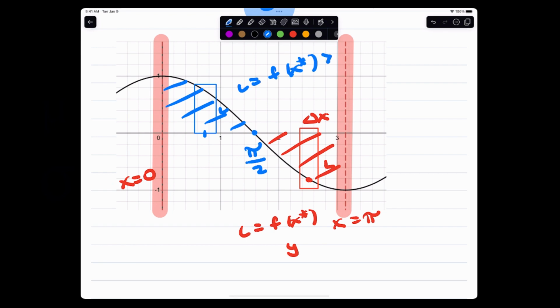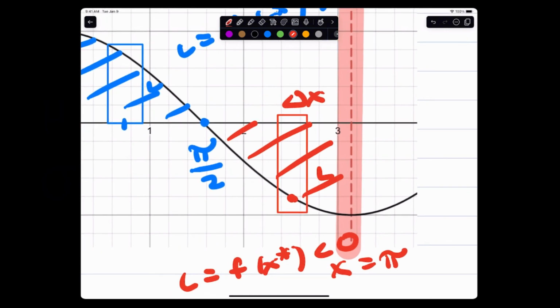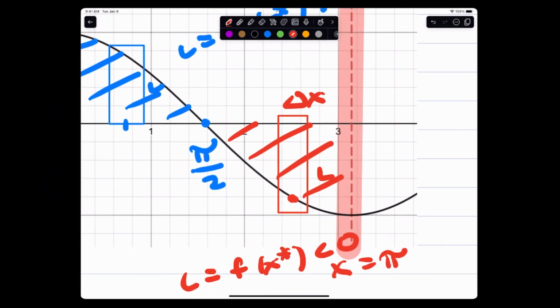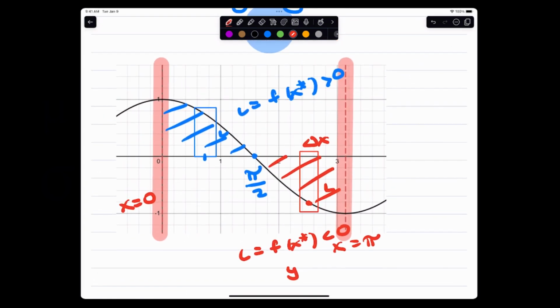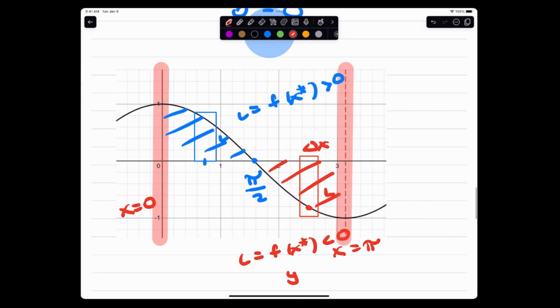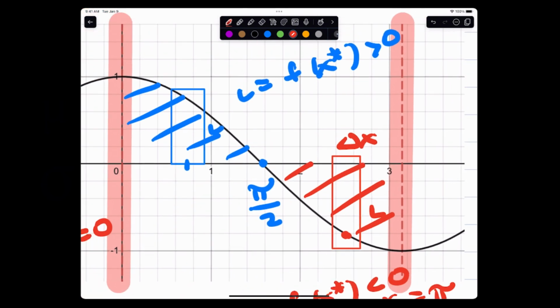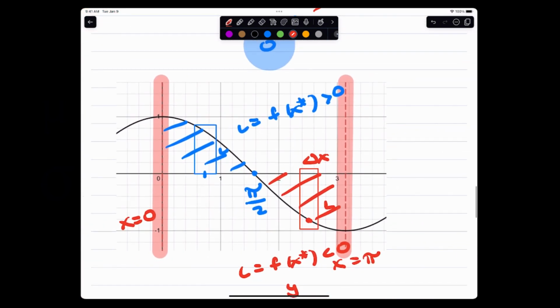So maybe I'll just put it that way, greater than 0 and what? Less than 0, and I color the area there below the x-axis red for negative area, and blue for positive area. And there's that symmetry really from 0 to what? Pi. Right in the middle, you have pi over 2. And that's because you're looking at the cosine curve.